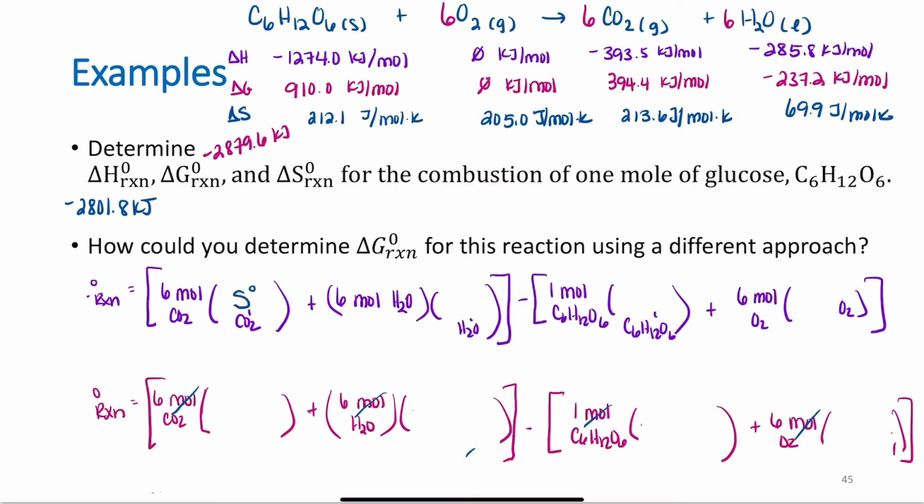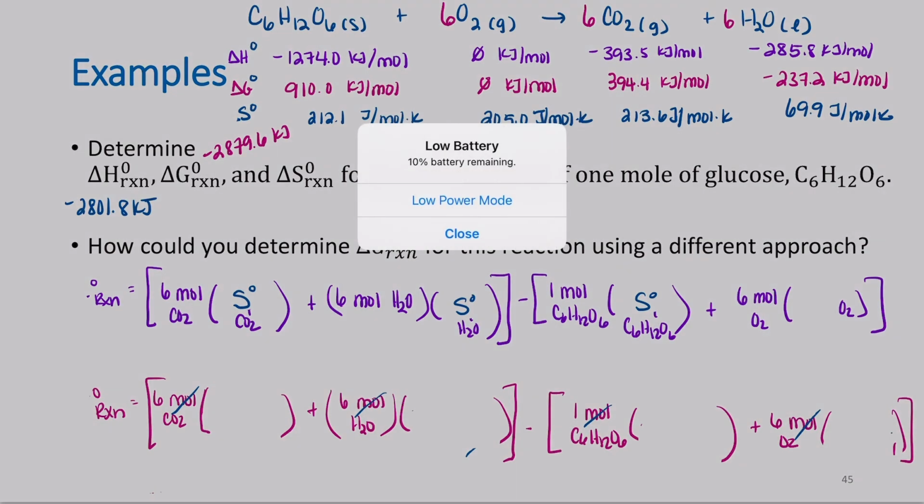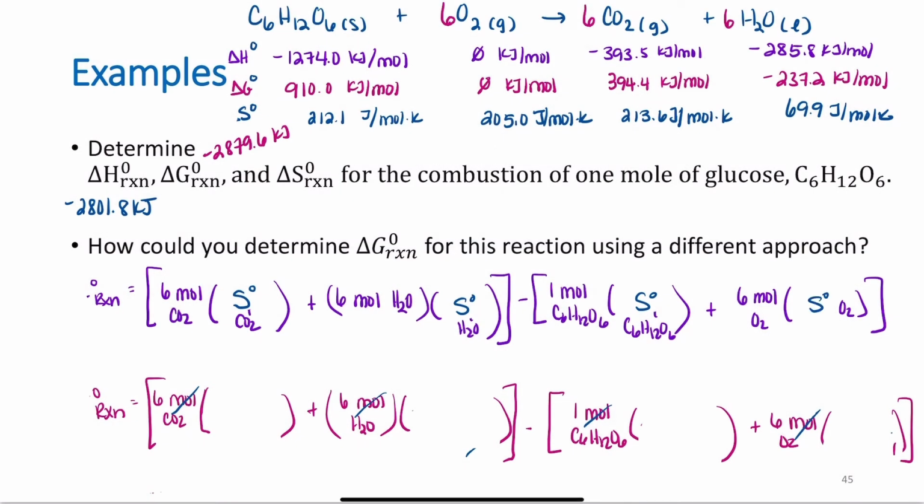And this will be S standard instead of delta S. I always write the delta symbol because it's such a habit, but it should just be S naught. This is change in S here, though, for the reaction overall, because we are calculating the overall change in the reaction. So, for CO2, 213.6 joules per mole K. Moles canceling out.